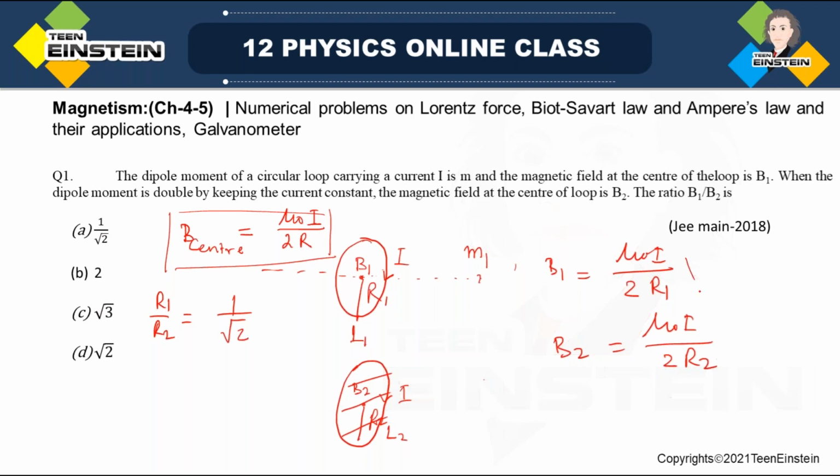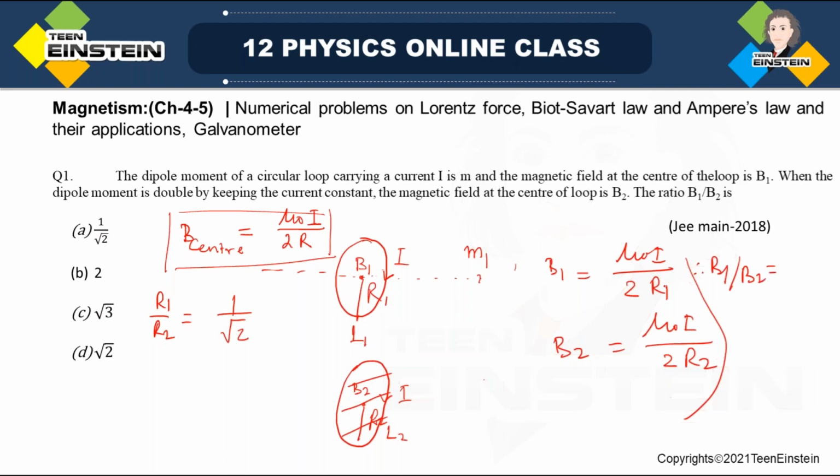We have to find out the B1 by B2 ratio, right? So B1 by B2 is equal to, r1 will be in the denominator and r2 will be in the numerator.